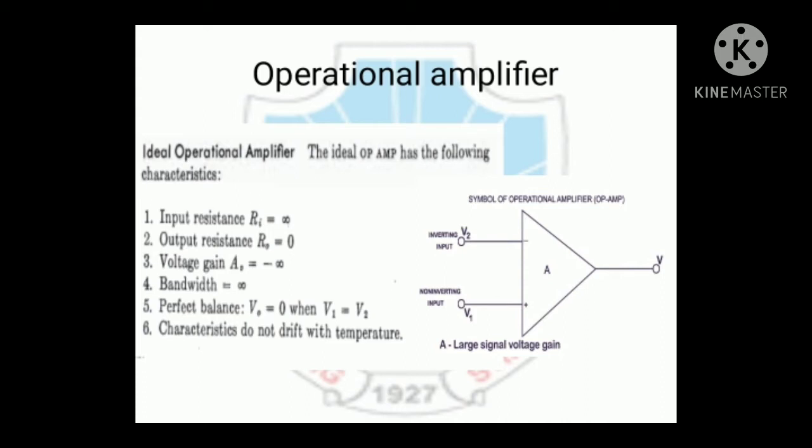The second property is its output resistance is 0. The third one is its voltage gain is infinity, with the bandwidth also infinite.